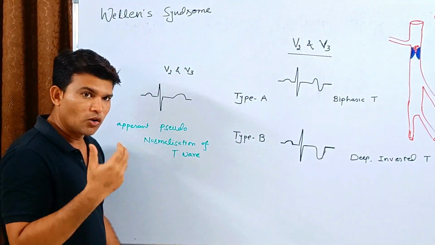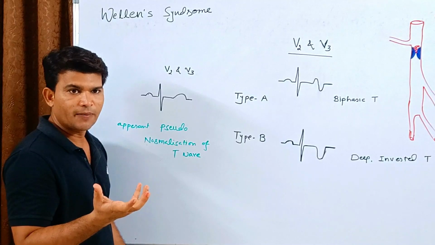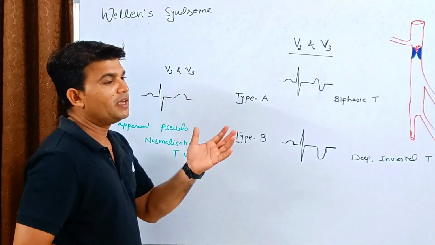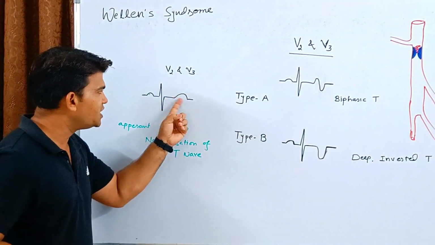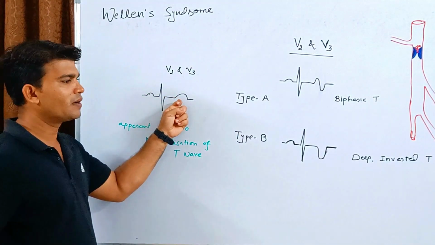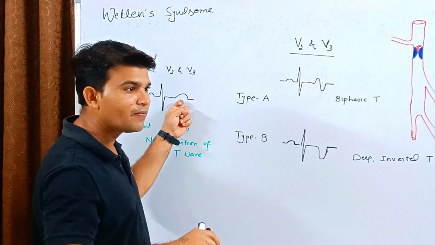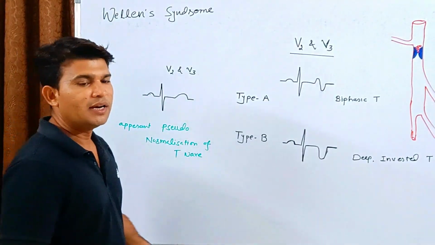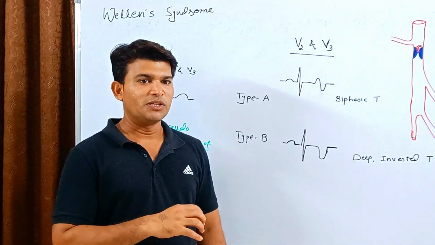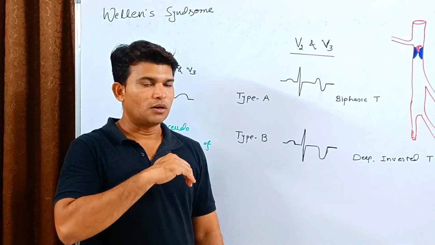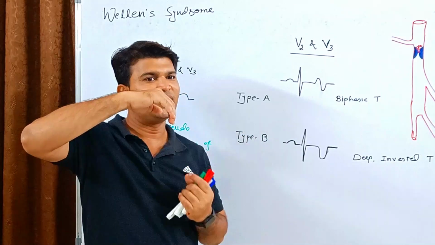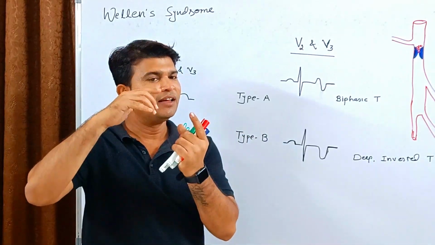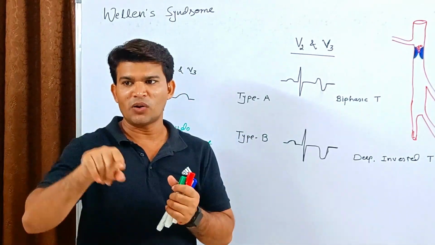And even normal R wave progression is there. Cardiac biomarkers may be negative, may be positive, but if you see this, then this is a marker of developing myocardial infarction. Why? Because in developing myocardial infarction, the T wave goes up, and then it will pull the ST segment with it. And then you will have an ST elevation myocardial infarction.